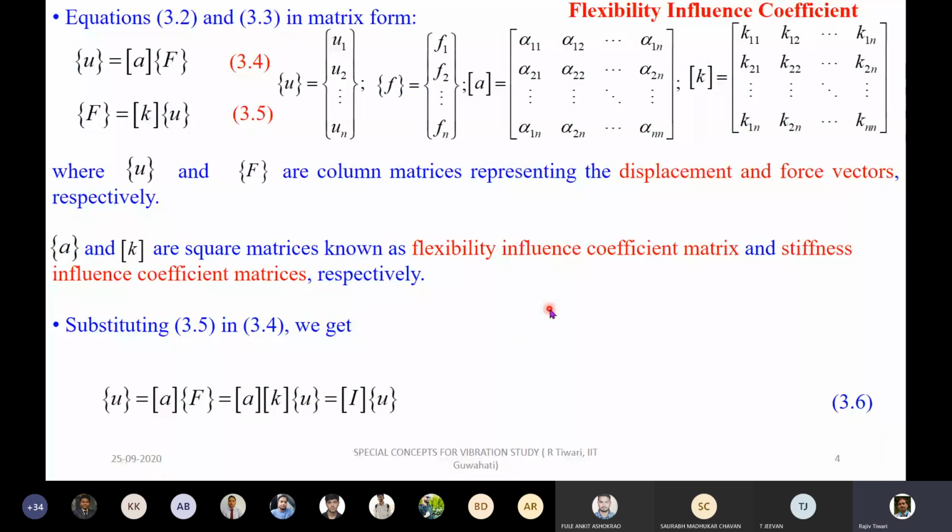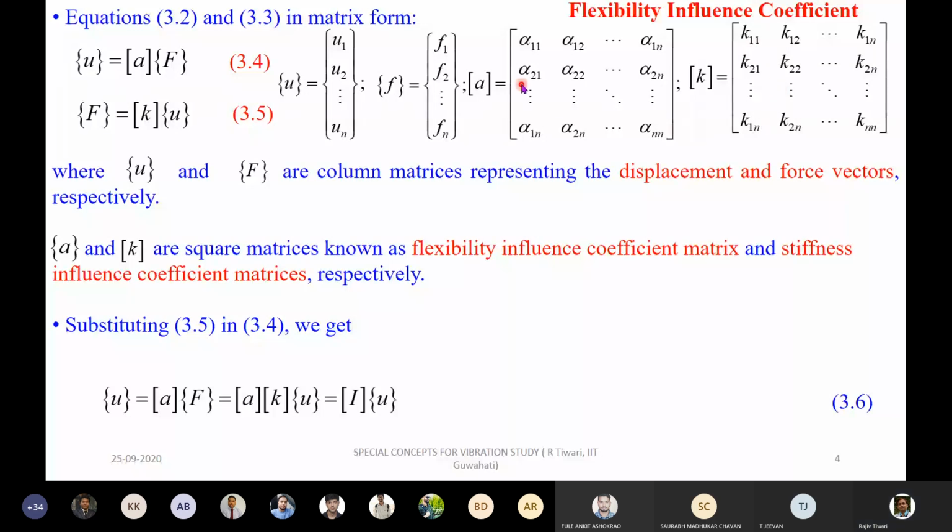So these K11, K12 are not directly related with K1 or K2. They will be related in some way in terms of K1, K2, K3. That will depend upon what kind of system is there. Then we can relate these coefficients. So these are called influence coefficients, not the stiffness of a spring.